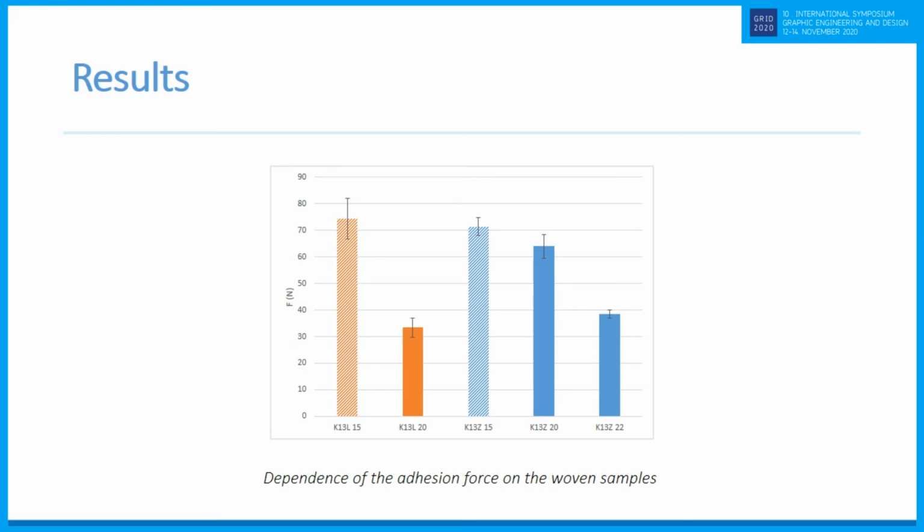The highest adhesion force was achieved at the lowest weft density at both widths, and the lowest adhesion force was achieved at preset weft density 20 px per centimeter and the broken twill 1,3. The highest standard deviation was calculated at broken twill and preset weft density 15 px per centimeter, and the lowest at twill 1,3 at preset weft density 22 pixels per centimeter.